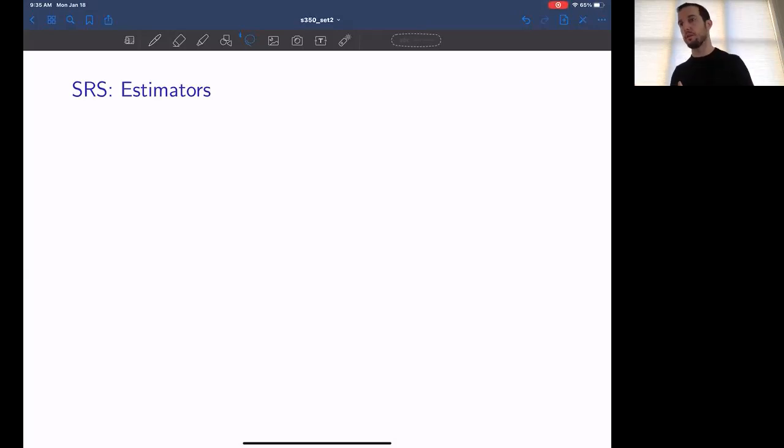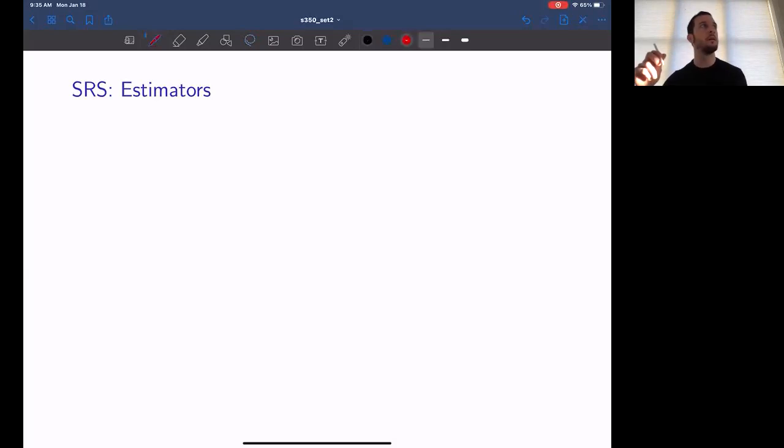So this is what we're going to work toward showing. But along the way, we'll have to pause to make certain arguments to help prove that theorem out.